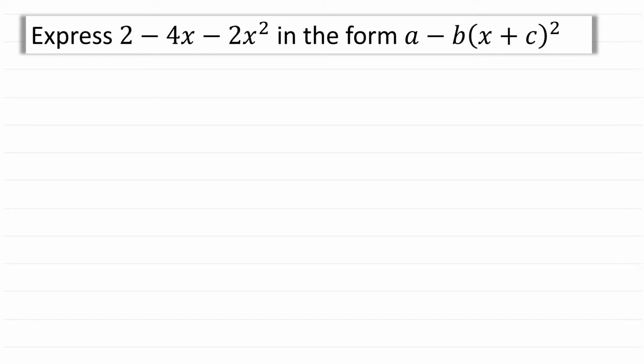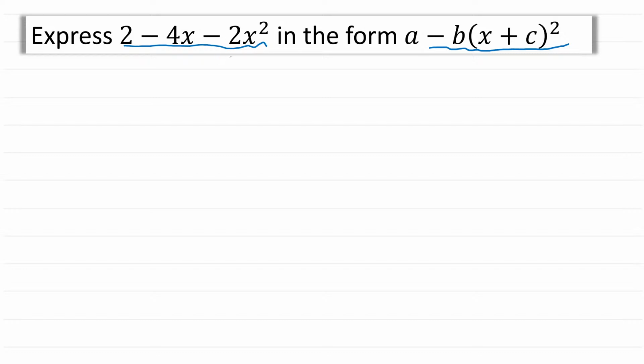Right, so this is another question that we have. It is 2 take away 4x, take away 2x squared. And we are asked to put it in the form of minus b and then bracket x plus c squared. What do we do? Well, before we do anything, we need to rearrange this, okay?